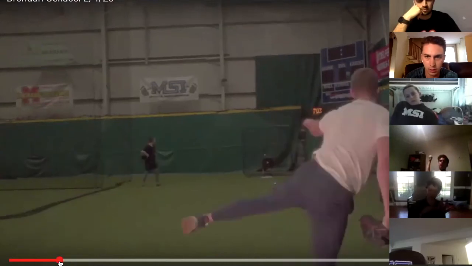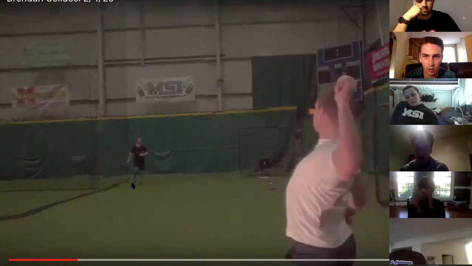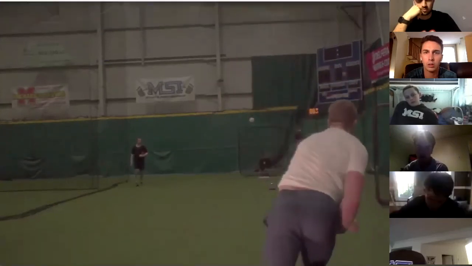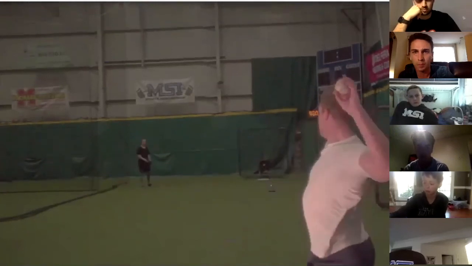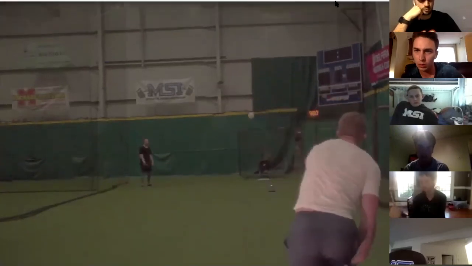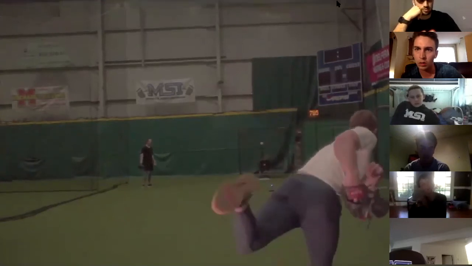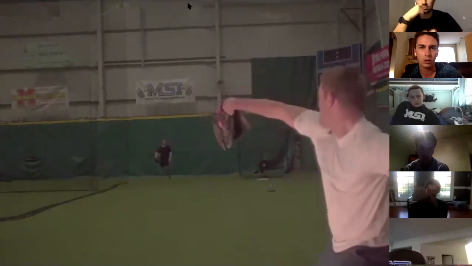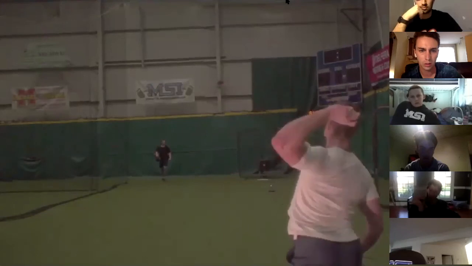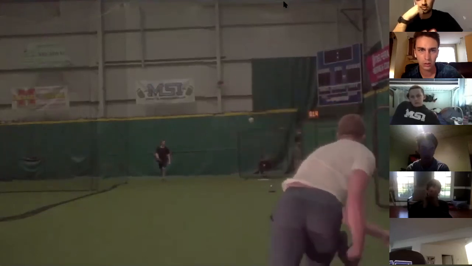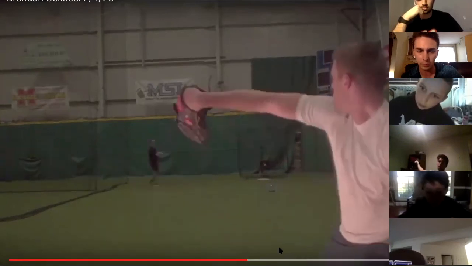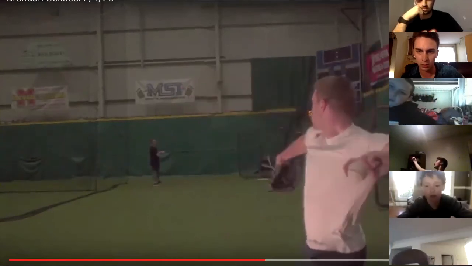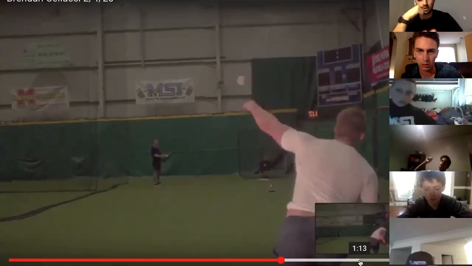So this is his two-seam fastball. Let me know if you got that.